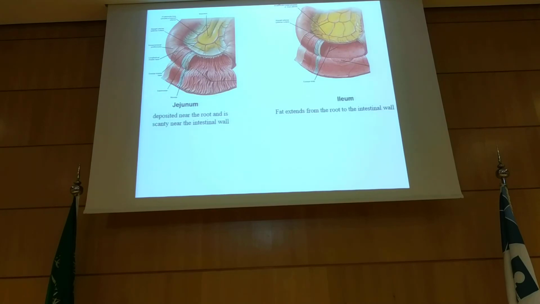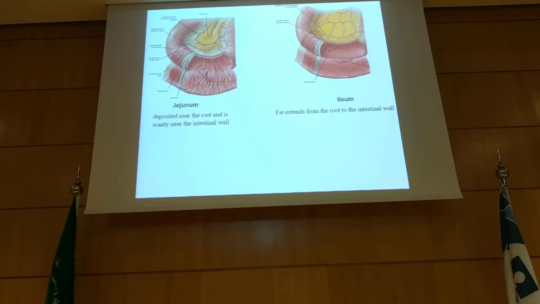Number 3, now in the mesentery, if you notice here, fat in the area of the duodenum is concentrated close to the root, where it is attached to the posterior abdominal wall. It does not reach the wall of the intestine.